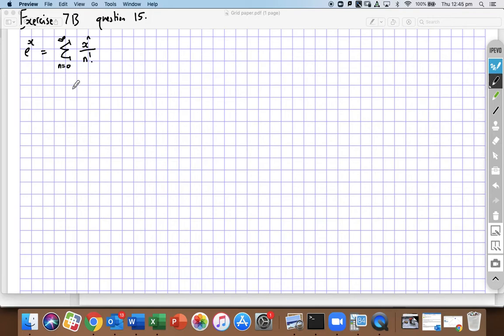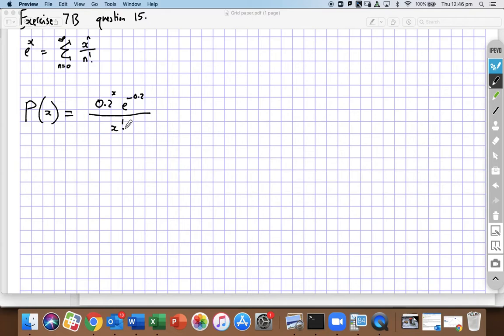But then the next step is they say, all right, well, here's a probability function, right? The probability function is 0.2 to the power of x multiplied by e to the minus 0.2, all divided by x factorial.